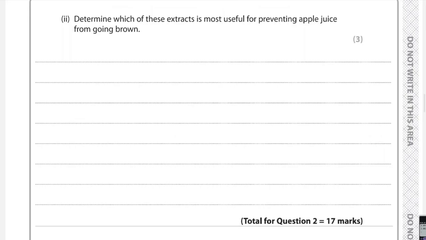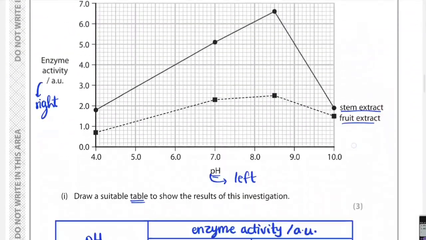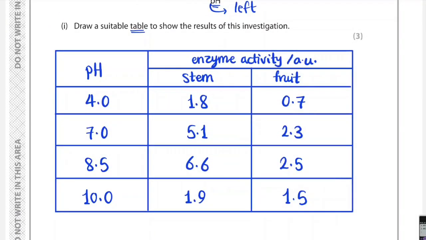Let's see the next question. Determine which of these extracts is most useful for preventing apple juice from going brown. Let's get back into understanding the concept of this part C in this question. According to this table, the stem extract has a higher enzyme activity over all pH values.